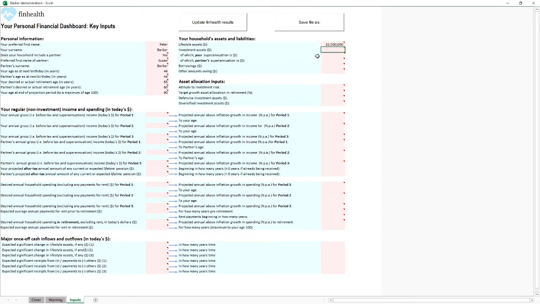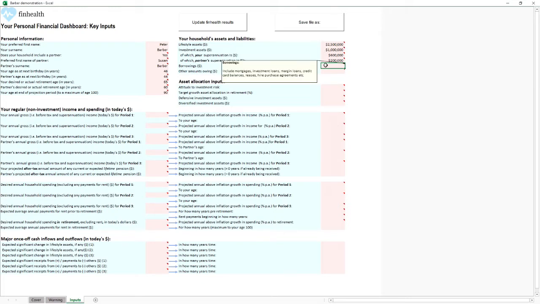His investment assets are worth $1 million, of which his superannuation is $600,000 and Susan's is $200,000. You should note that neither individual superannuation balances or total superannuation balances can exceed investment assets of $1 million.